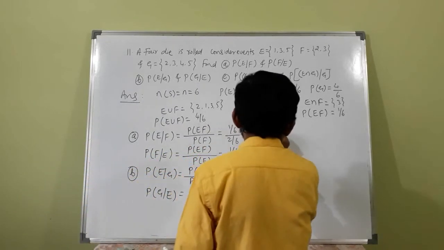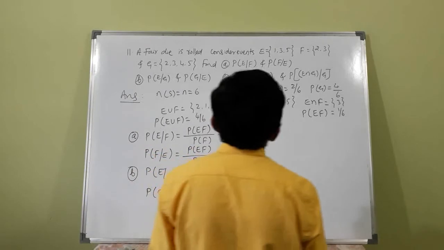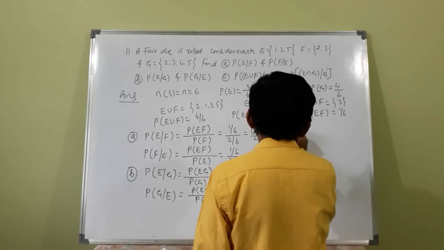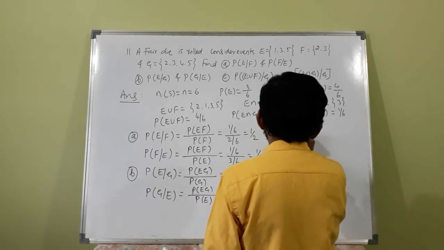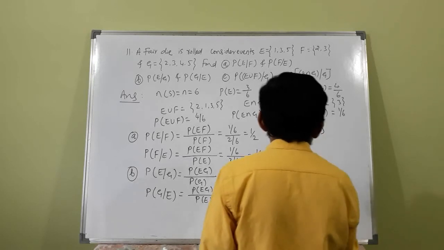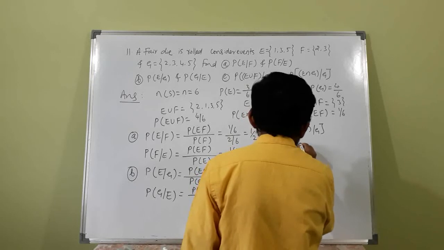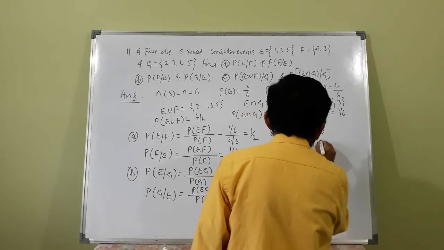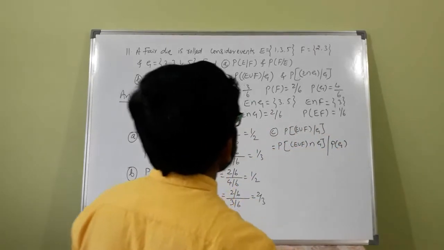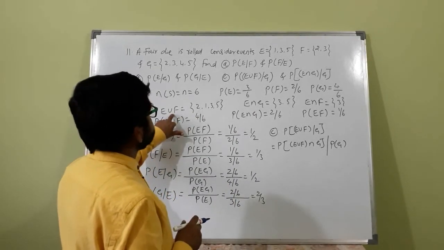Now C is probability of E union F given G, which is equal to probability of E union F intersection G divided by probability of G. E union F, you can find separately.